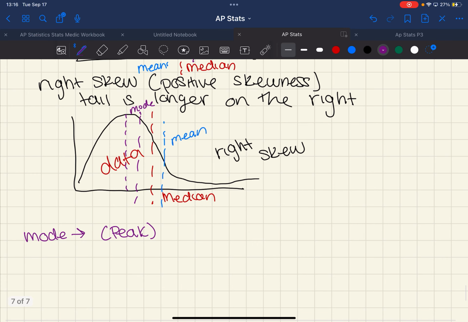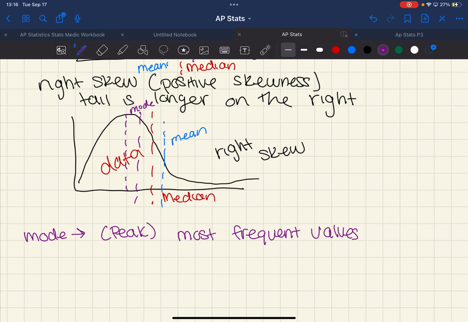So a mode, or in other words a peak, represents the most frequent value or values in a distribution. In a histogram, stem plot, dot plot, or other graphical representations of data, the mode is often indicated by the peak or peaks in the distribution.